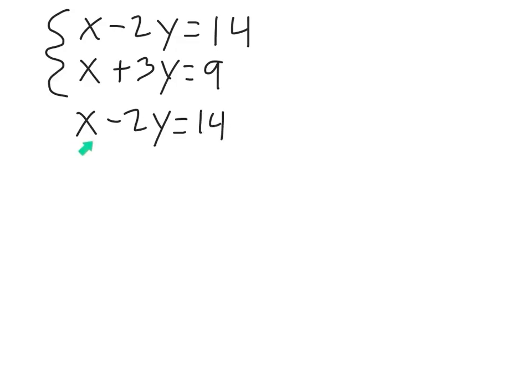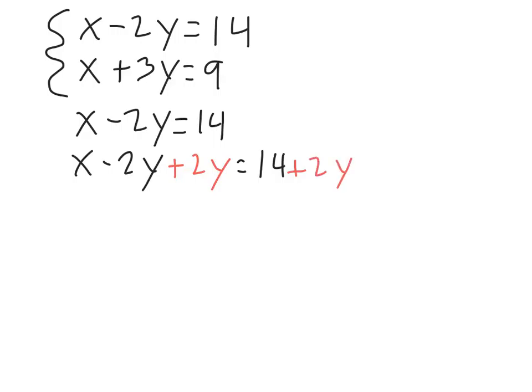Now we want to solve for x, so we want to undo what is happening to x. If it's minus 2y, we add 2y to both sides. So we say x minus 2y plus 2y equals 14 plus 2y.